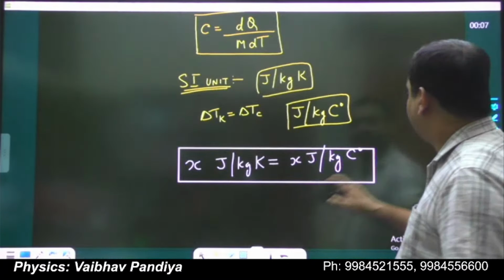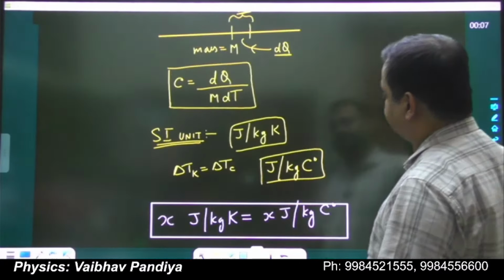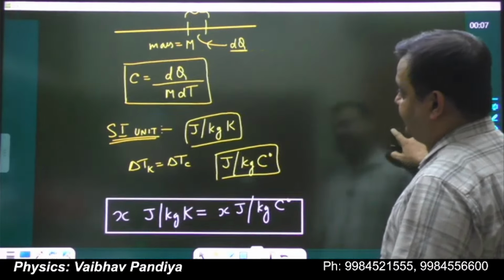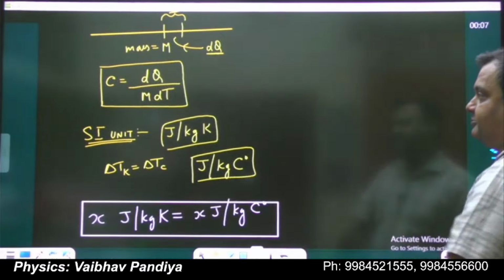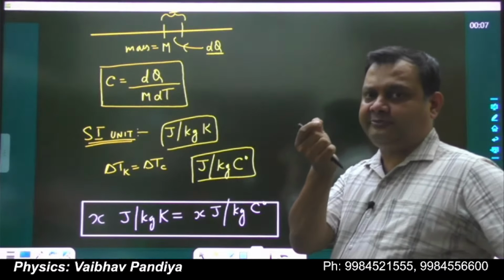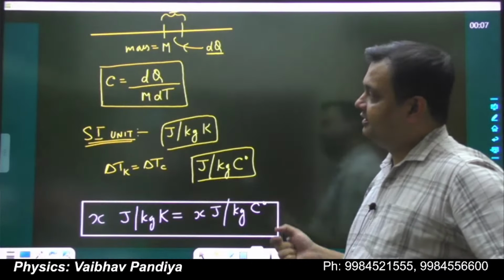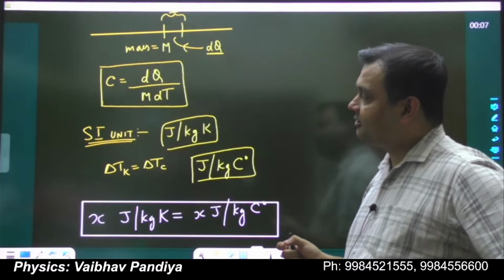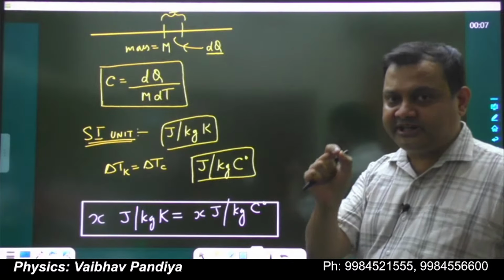So this is the formula for specific heat: dq by m dt. dq is what? The infinitesimal amount of heat which is absorbed by the substance. m is what? The mass of the substance. And dt is what? The change in temperature.